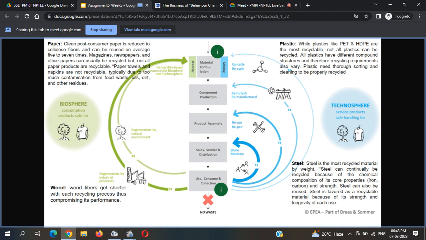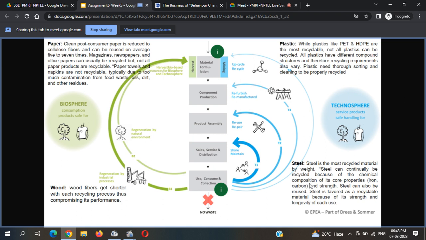And also, even in plastic, the strength of the plastic deteriorates over time if the plastic is recycled again and again. So although plastic also fits this cradle to cradle model, again plastic is not the perfect material for recycling several times.